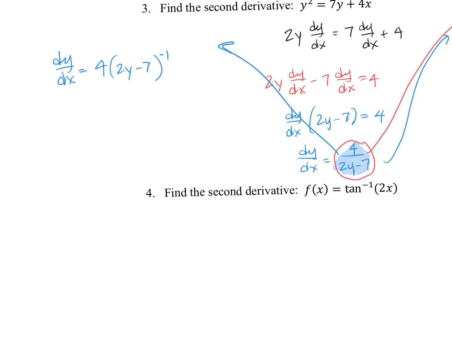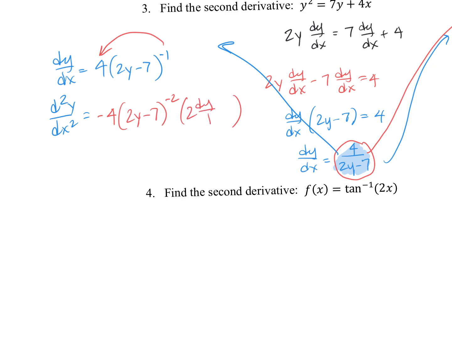Are these equivalent? Yeah. Then that second derivative would just be power rule: a negative 4, leave the inner, take my exponent down by 1, times the derivative of my inner.